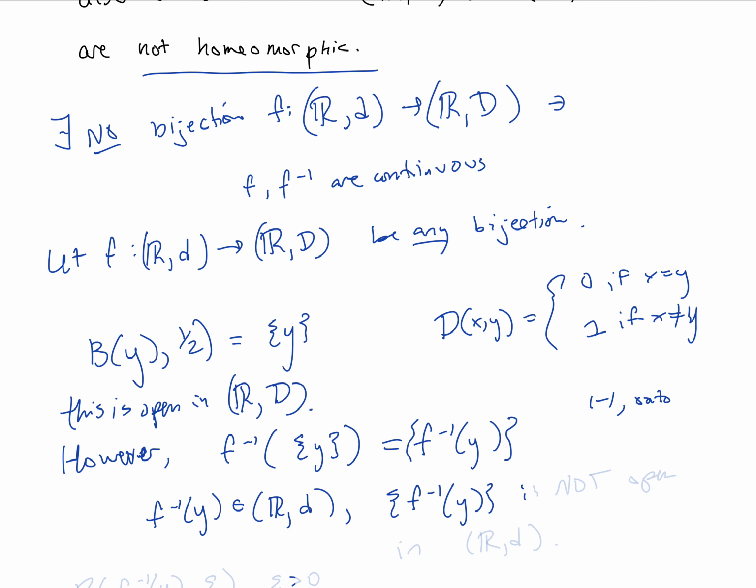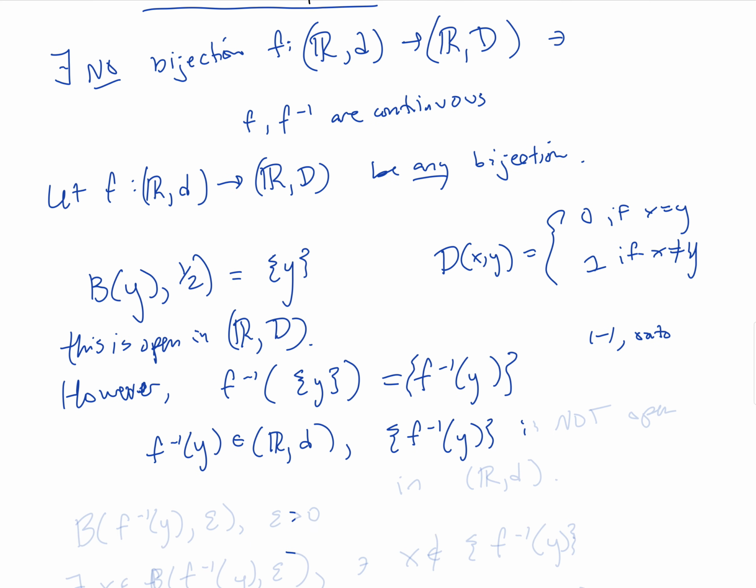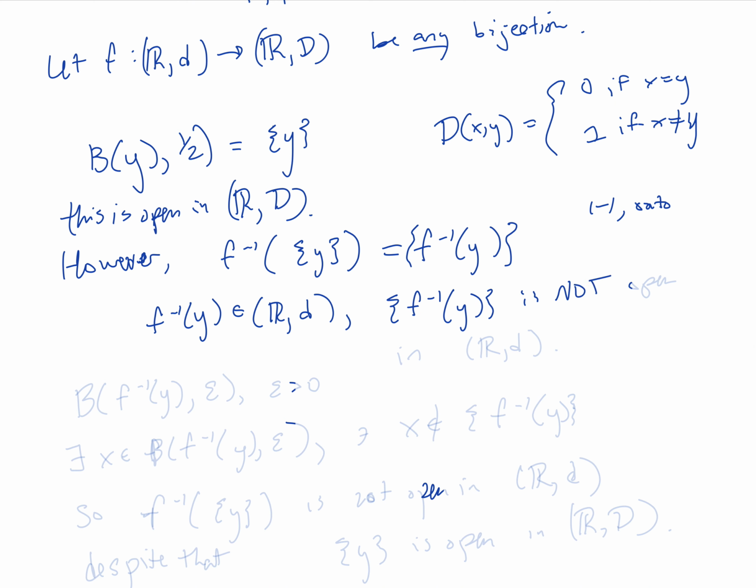However, consider F inverse of this open set, this set containing just y. That would be F inverse of y, whatever that is. This is a bijective function, 1-to-1 and onto, so there is exactly one such element, F inverse of y. F inverse of y is an element of the real numbers with the usual metric. And this set containing just one element, F inverse of y, is not open in R with the usual metric. How do we know that that's the case?